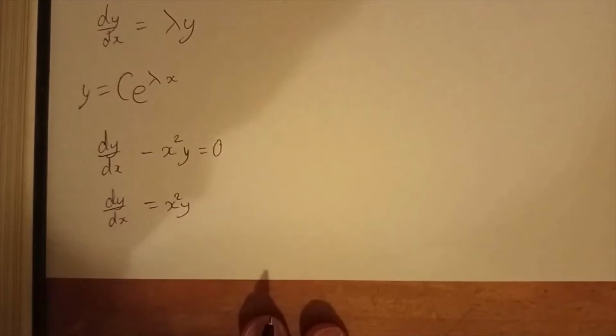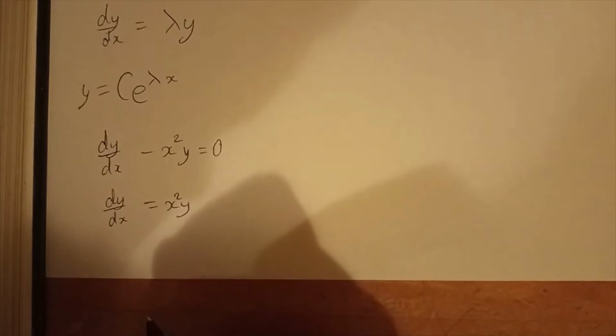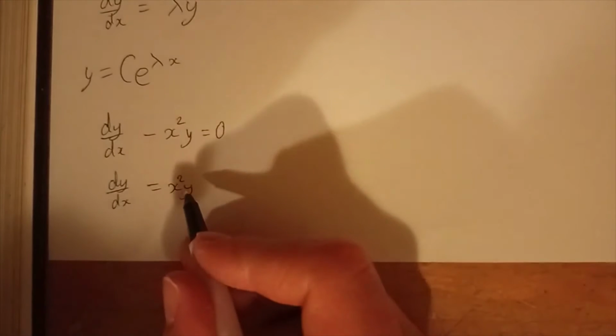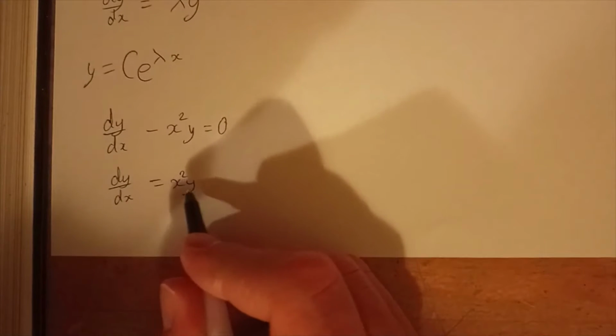Now, this is a special type of equation called a separable differential equation. And it's called separable because we can separate the function of y from the function of x. So we can just divide through by y.